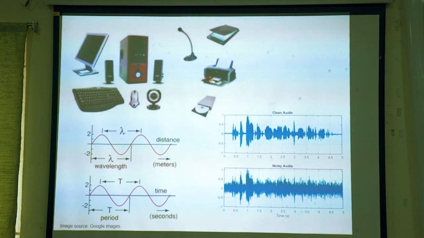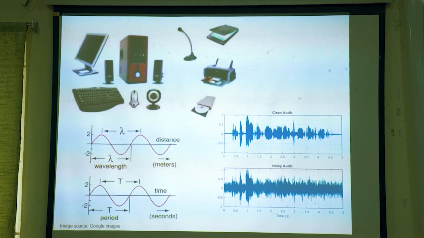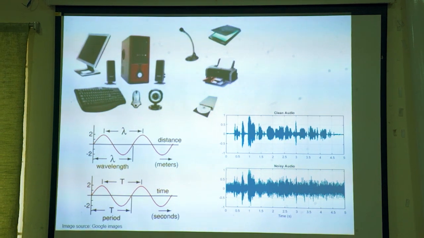You can tell whether I am speaking or madam is speaking. That means your eardrum is able to sense the frequencies. The time signal will be almost the same, but the frequencies are different. So if you have a time signal, what frequencies are there inside? How do you understand that?